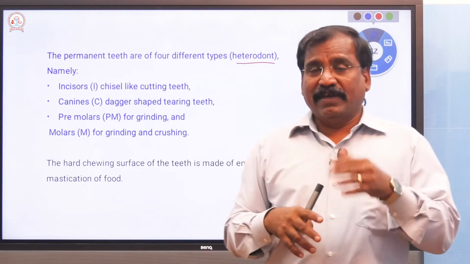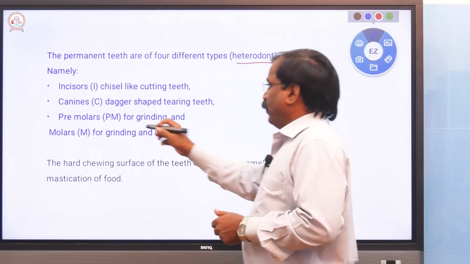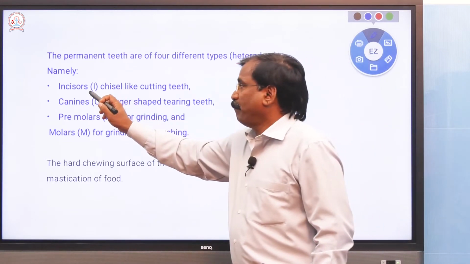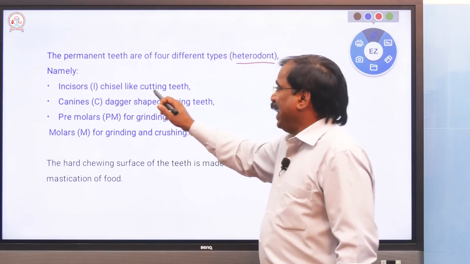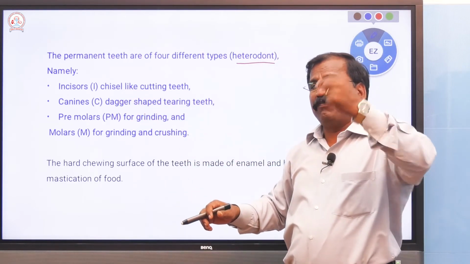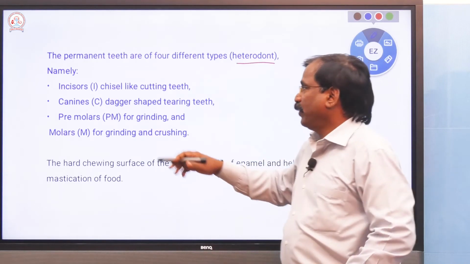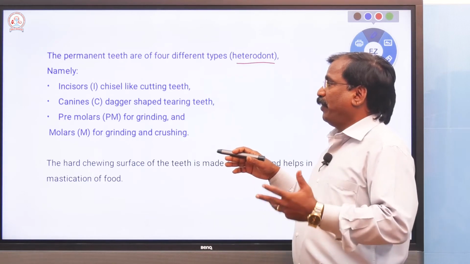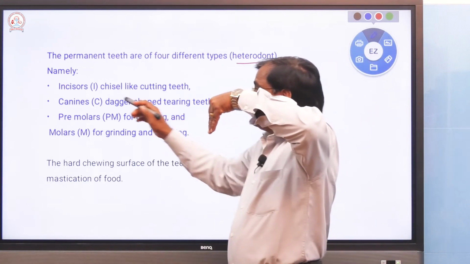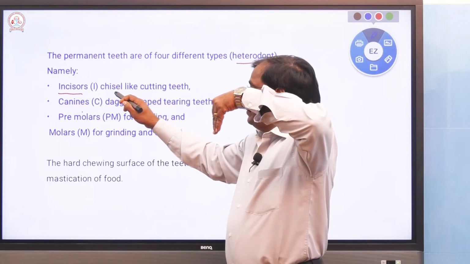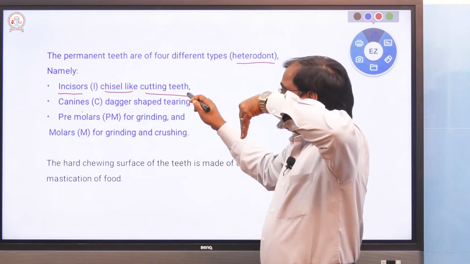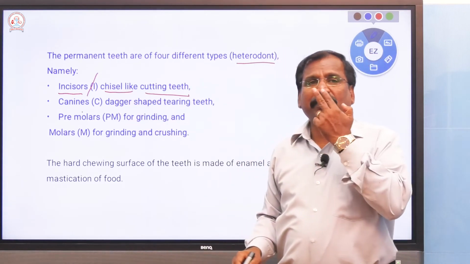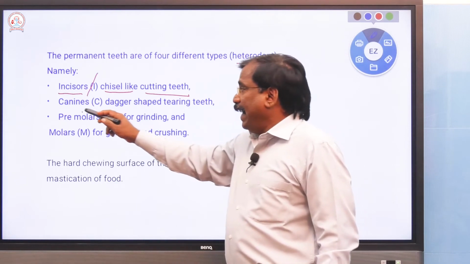That means we possess structurally and functionally different types of teeth. What are the incisors? Incisors are broader, in the front, or chisel-like cutting teeth. Incisors are meant for cutting, symbol I. Then next, canines.